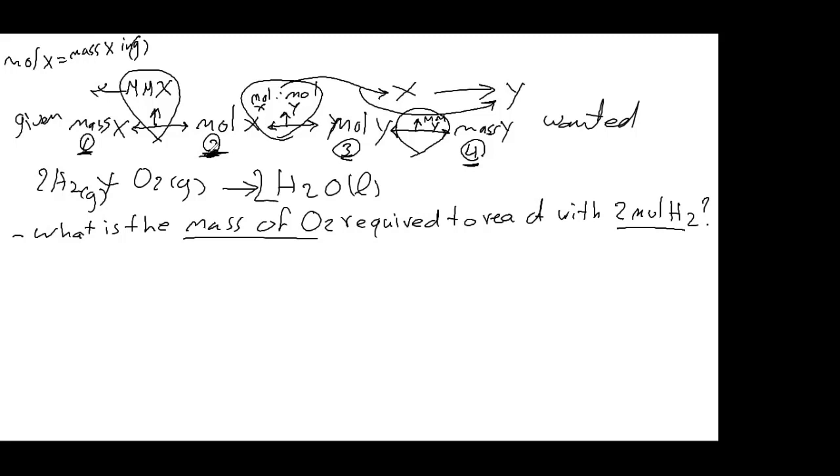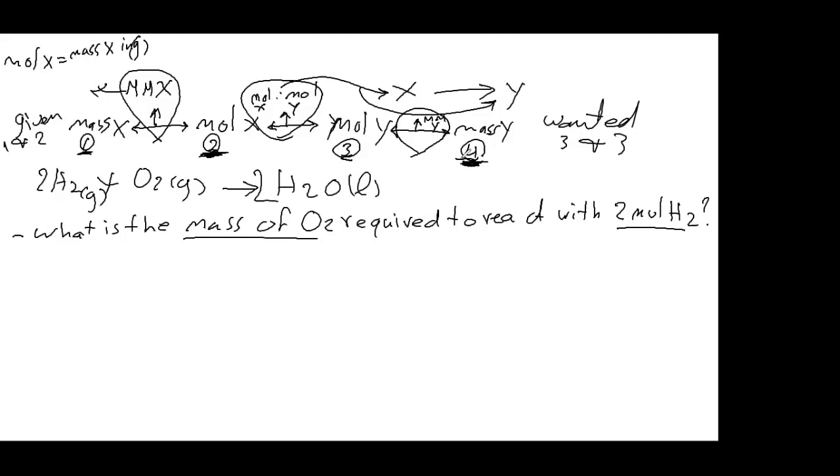Now, you need to go where you have to go, to 3 or 4. The wanted is 3 or 4. So the given is 1 and 2, the wanted is 3 and 4. Here, they give me 2 mole, so I'm in step 2. Now, I want to see where I should go, to 3 or 4. They are asking for mass, so I have to go to 4. Now, how will you go from 2 to 3?